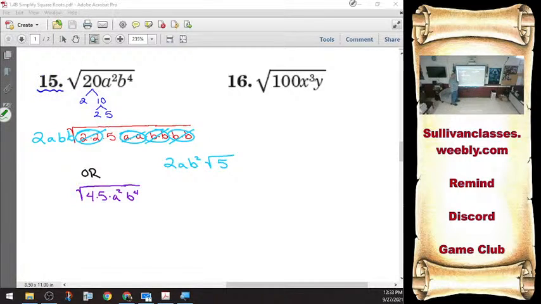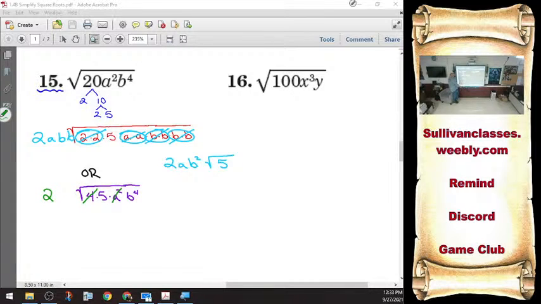Or, right here, if I had just gone for what's the biggest perfect square that goes into 20, maybe you're really good with your multiplication or your perfect square numbers. Some people have a knack for numbers. They struggle with doing the math part, but just numbers. Make sense? If that's your jam, maybe you write it like this and say the square root of 4 is 2.